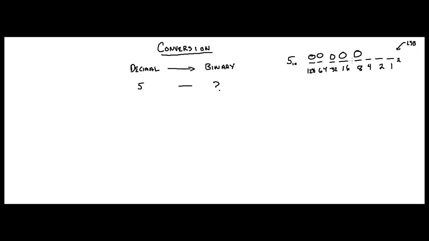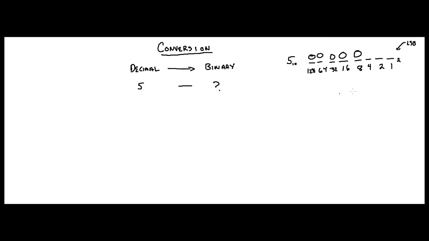If one of these bits were a 1, for example, suppose this one right here was a 1, that would be 1 times 32, which exceeds 5. So there's no way we're going to have any of these bits be a 1, right? So let me just erase that real quick here.